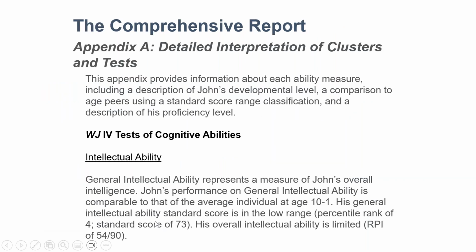So this is the appendix that can be included if you choose to include it. That's the detailed interpretation of the clusters and tests. So it goes through and provides, again, more of a detailed interpretation where it incorporates both standard score information as well as RPI information.